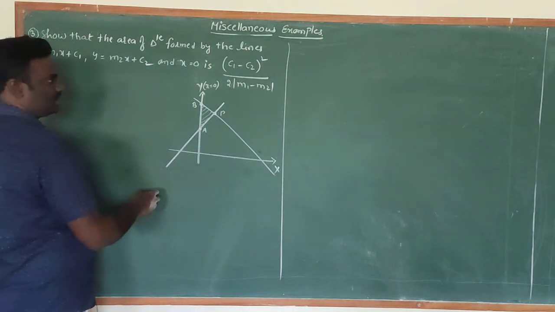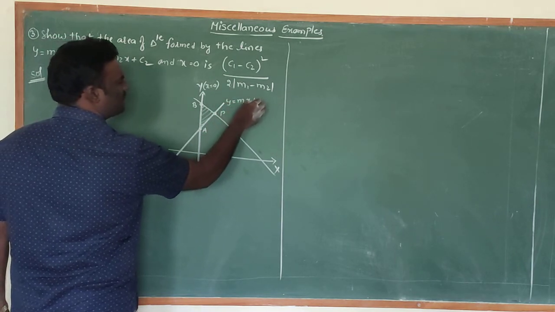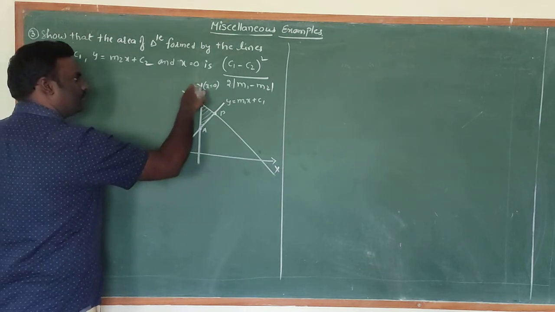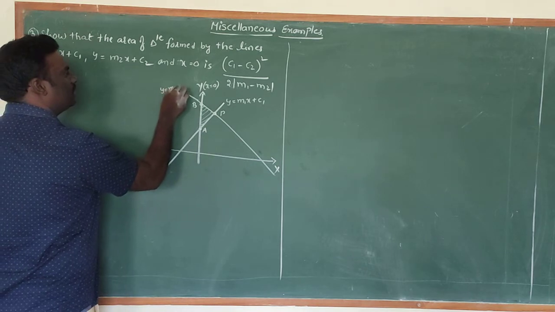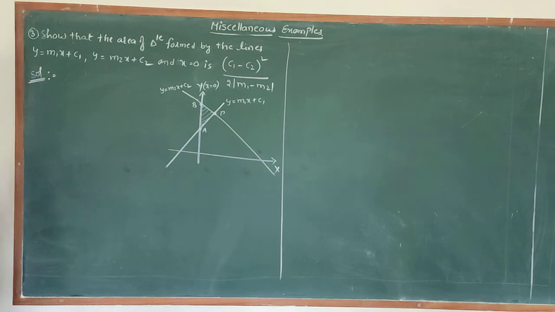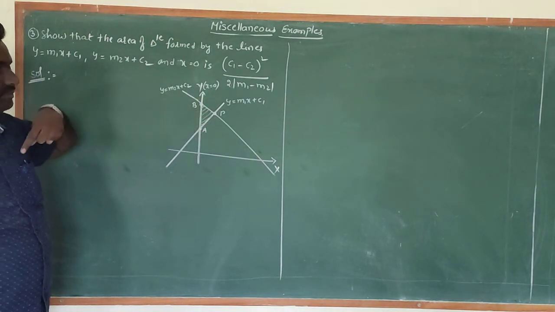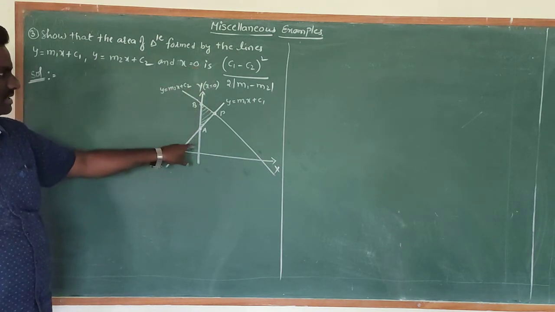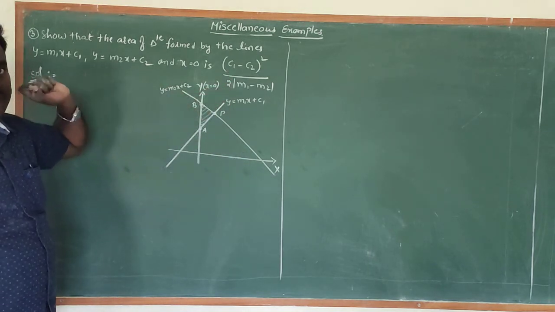This line is y equals m1x plus c1. This line is y equals m2x plus c2. This area we need to find. Here x equals 0 means which axis? Y axis. One triangle is formed.